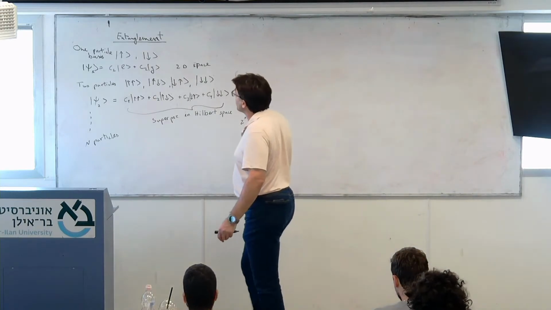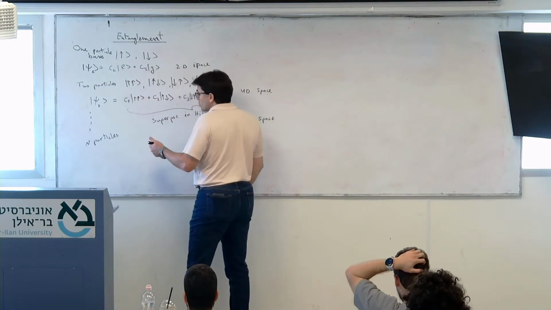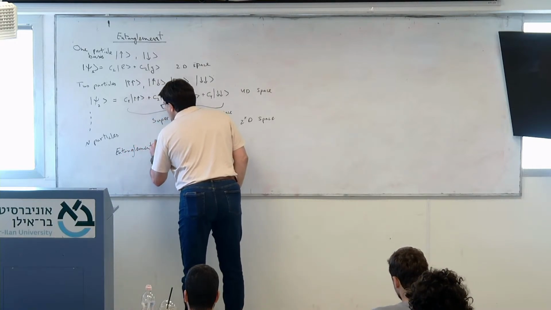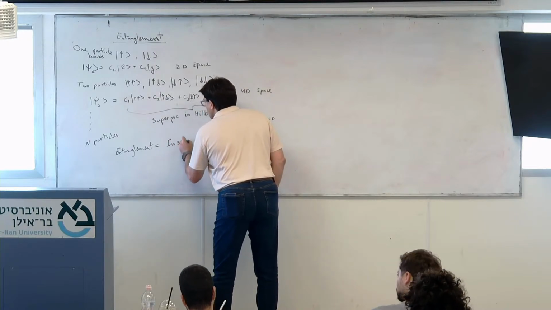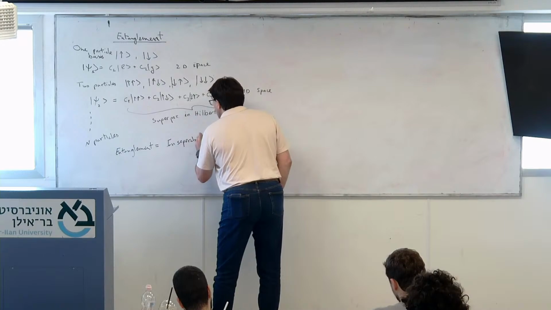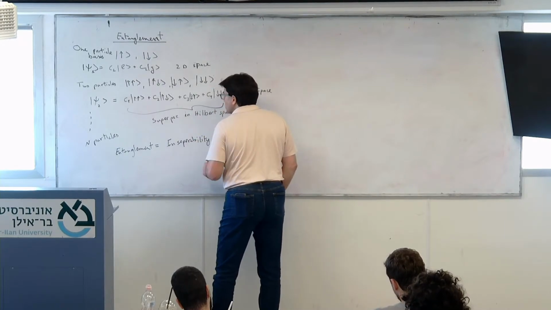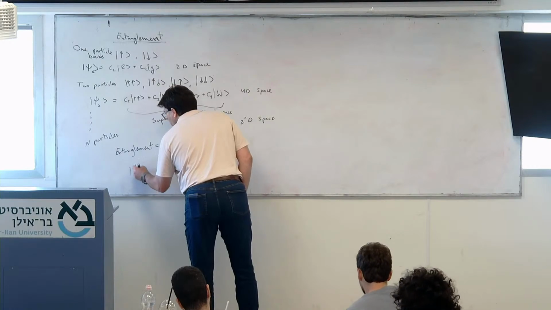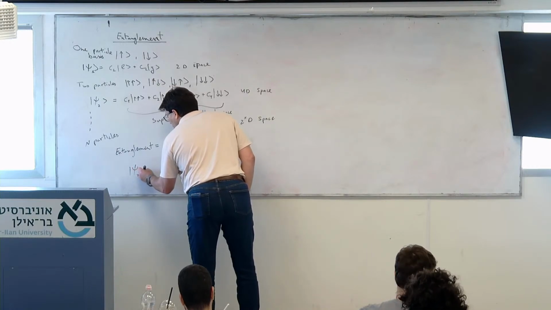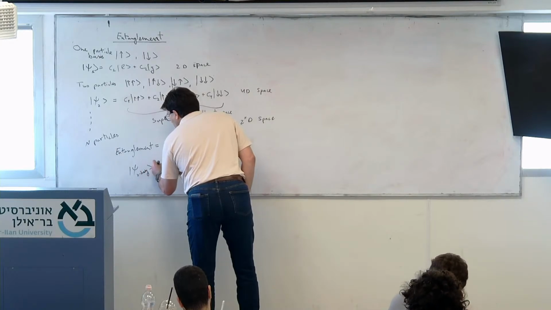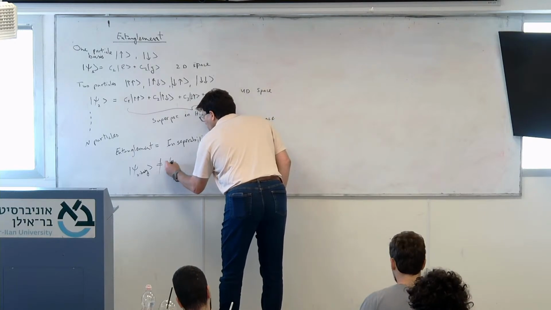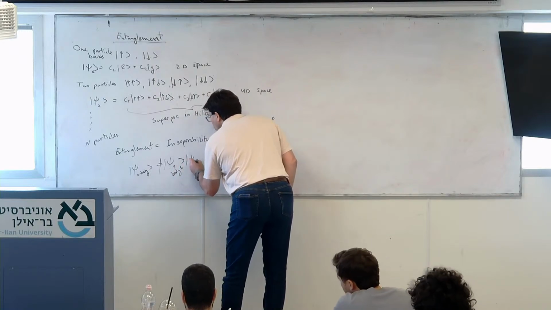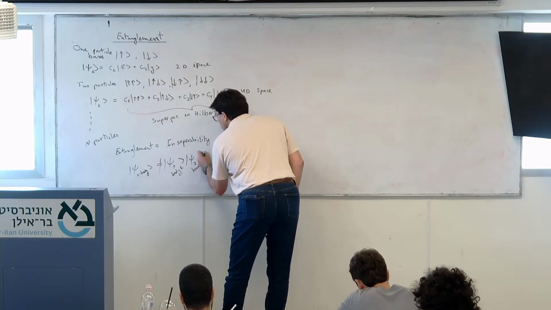So now we want to talk about it, but in a way. Usually people say that entanglement equals inseparability, basically saying that if you write this psi of two bodies, it cannot be written as psi 1 of body 1 times psi 2 of body 2.